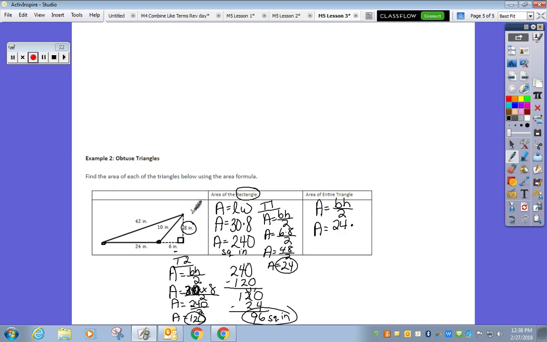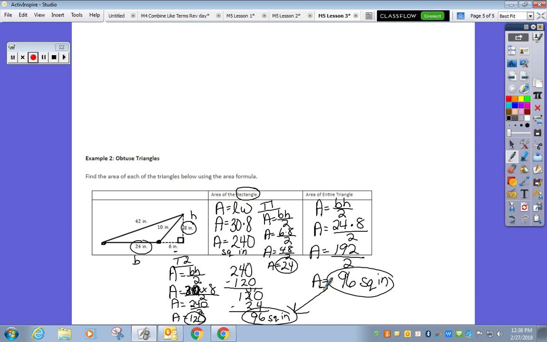So this is my height and this is my base. When I multiply 24 times 8, I get 192. And then when I do 192 divided by 2, I do in fact get 96 square inches.